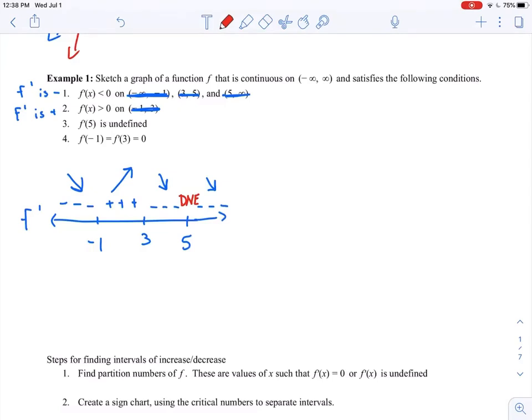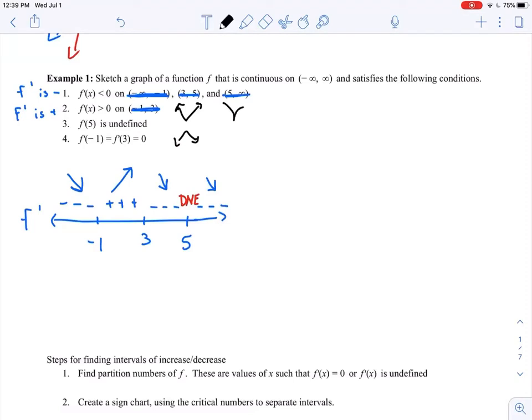And the reason I'm doing that is so that when it comes time to actually sketch this part of my graph, I know that the derivative is not defined. So I'm going to have some sort of weird behavior happening for this guy right here. If I think about where or how the derivative might not exist, I could have, say, a sharp corner, whether it's right side up or upside down.